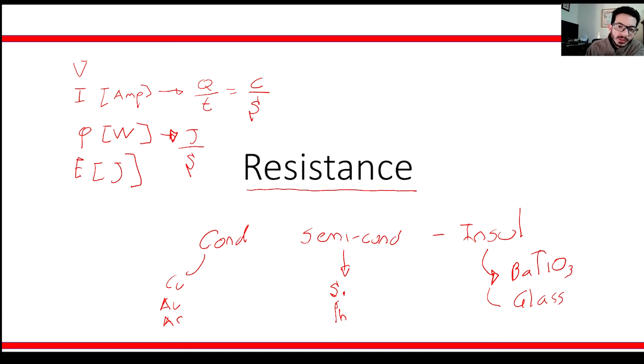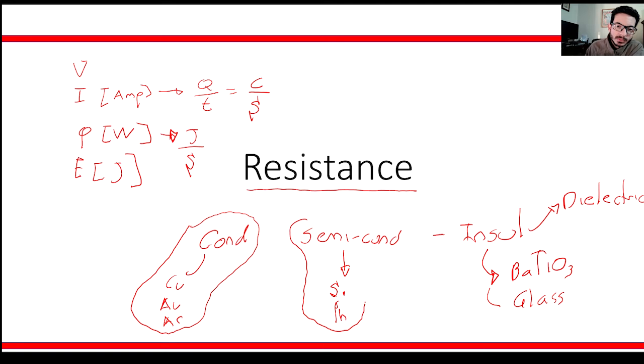etc. So we are focusing mostly on conductors. When we talked about capacitors, we talked about insulators in a subgroup that is called dielectrics. And semiconductors is more for when we talk about digital circuits, when we need logical gates like transistors and amplifiers.